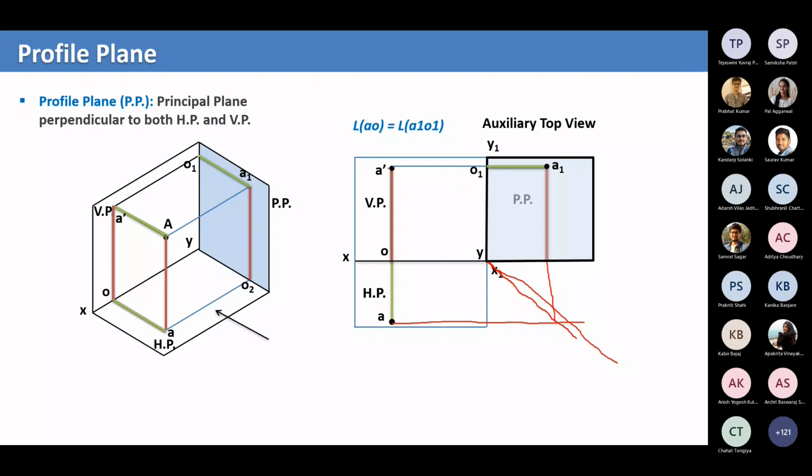When you are drawing the projection from A dash, that is front view, you should take the measurement that you have obtained in top view. So both A dash and A are important for us to get a projection on an auxiliary plane. That is an important output from this. So we'll go ahead.